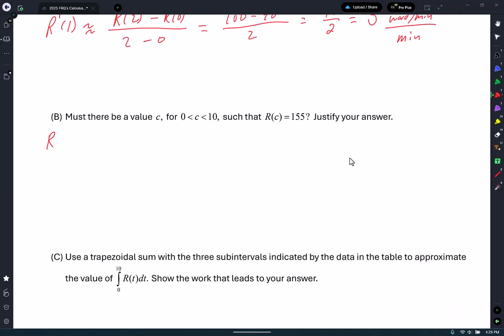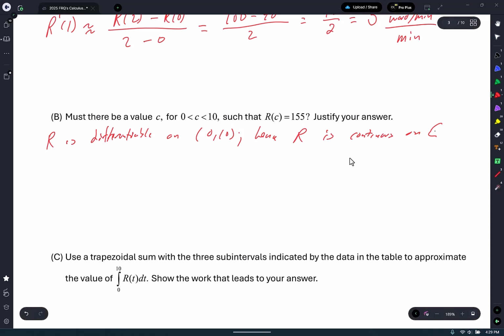Function R is differentiable on 0 to 10. Hence, R is continuous on the closed interval 0 to 10.